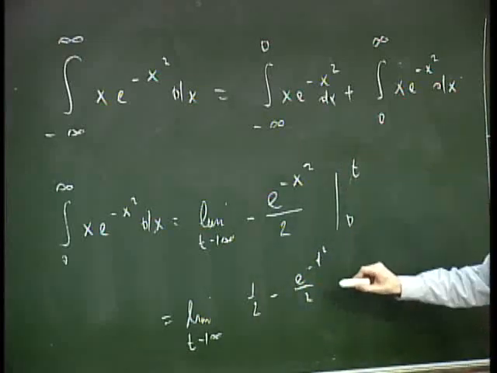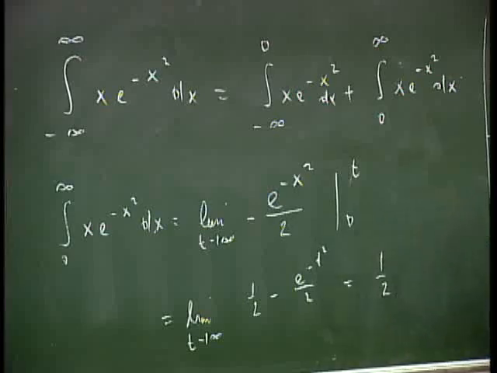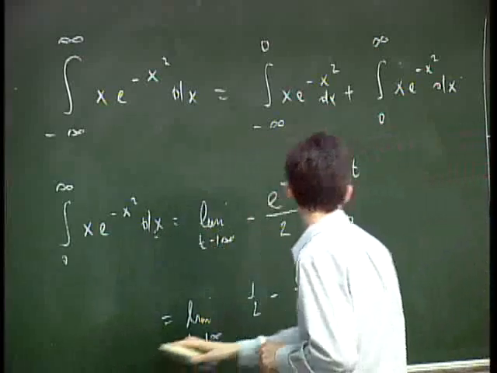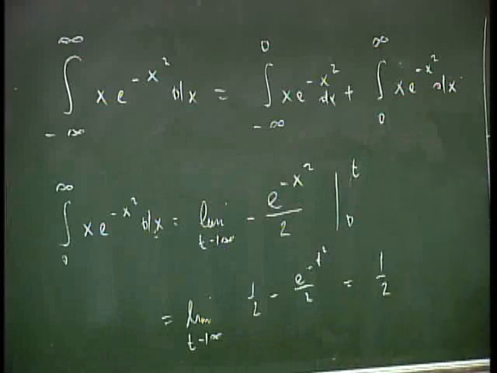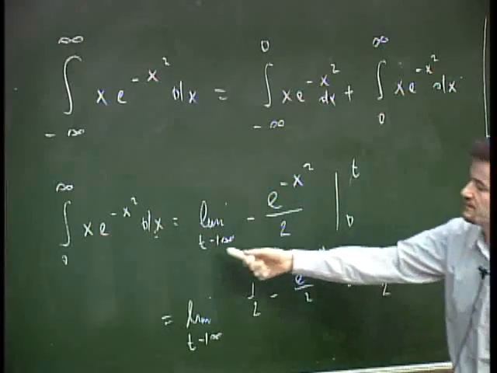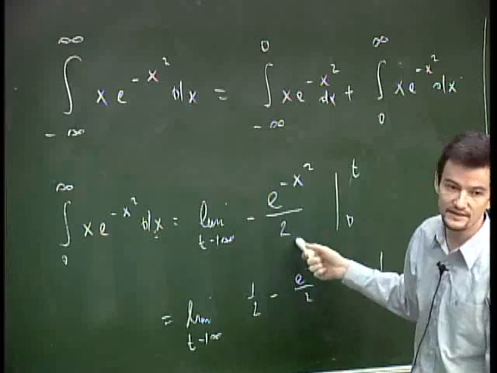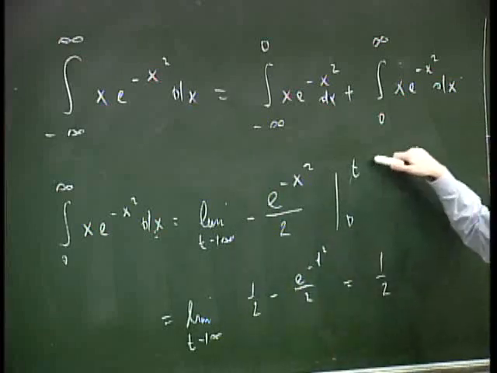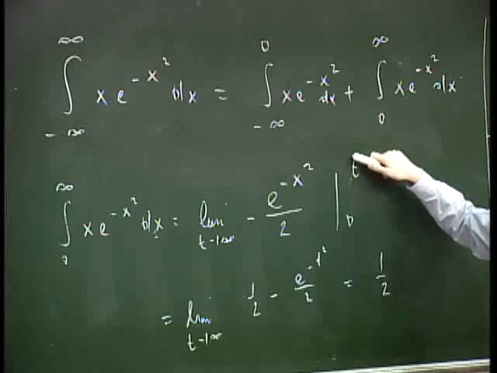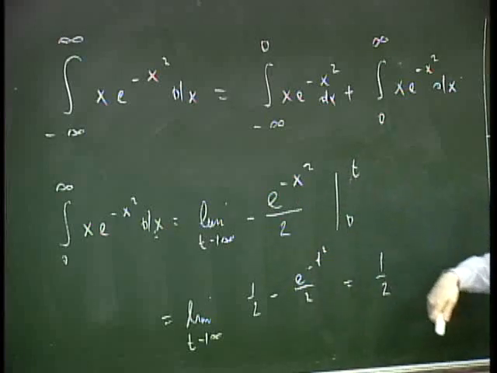Again, this is convergent, so this is equal to 1/2. Actually, sometimes we drop the limit and just evaluate the integral like this from 0 to infinity, meaning that at the upper limit we have to take the limit actually.